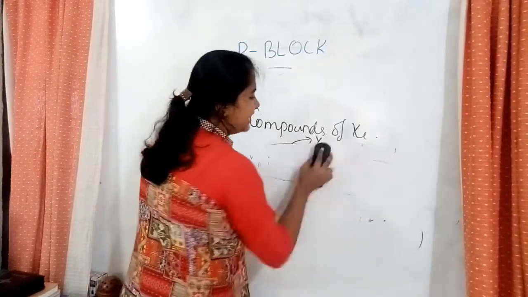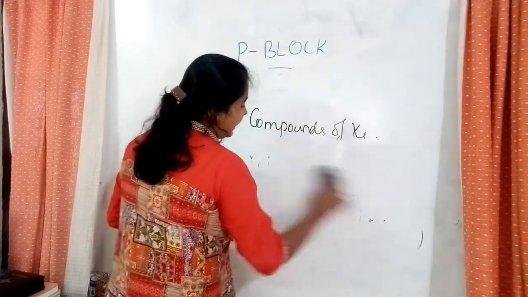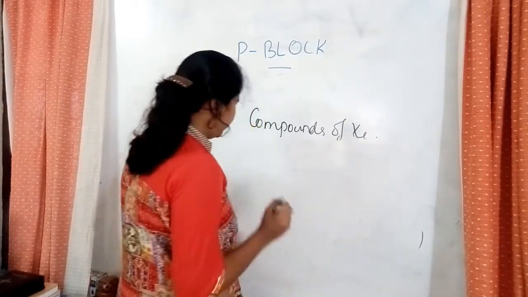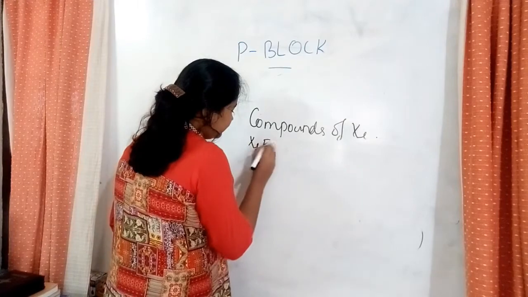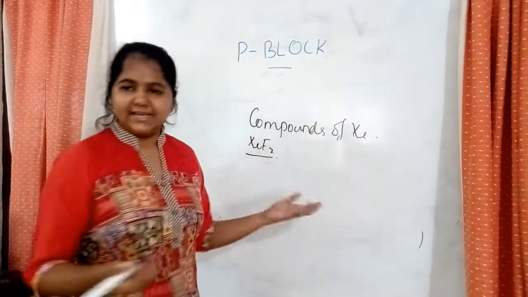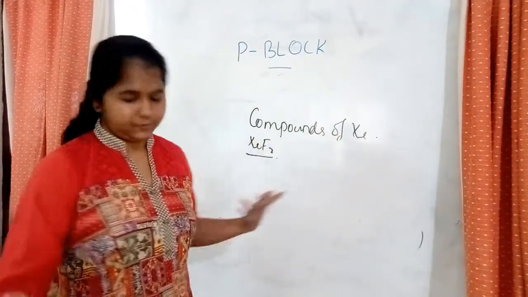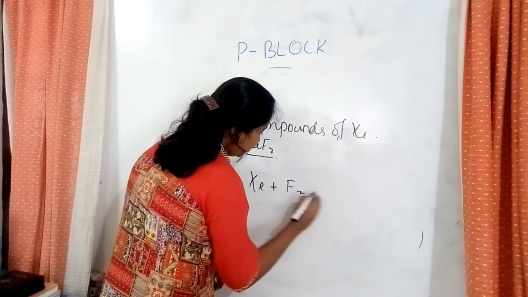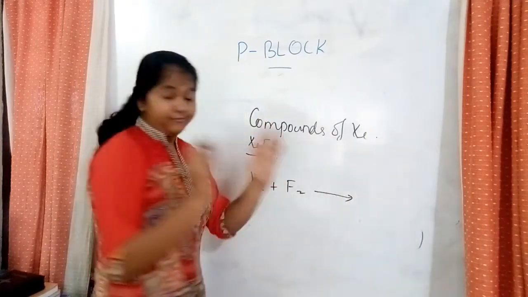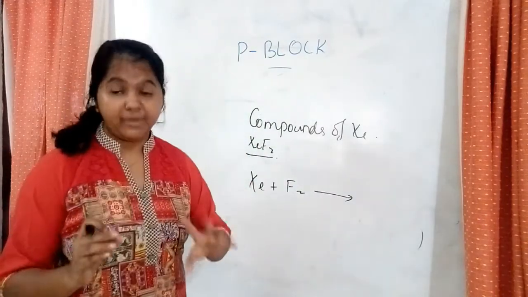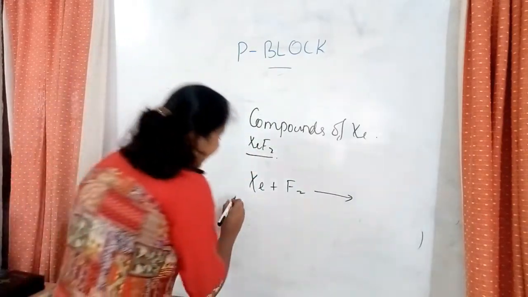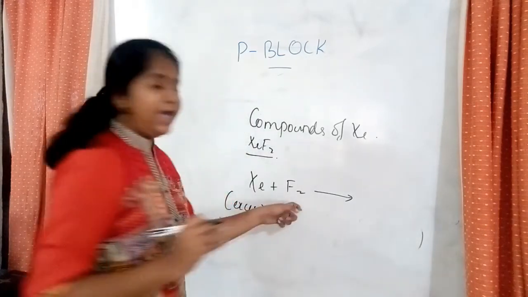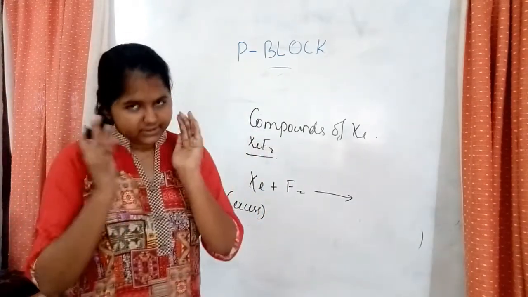The first one that we have to learn is XeF2. So let's write the formation of XeF2. It's obviously xenon plus fluorine giving XeF2. So let's write it. Xe plus F2 would give rise to XeF2. What is the condition? Xe should be in excess and F2 would be in a given amount.